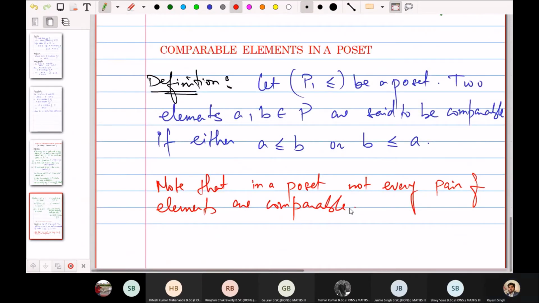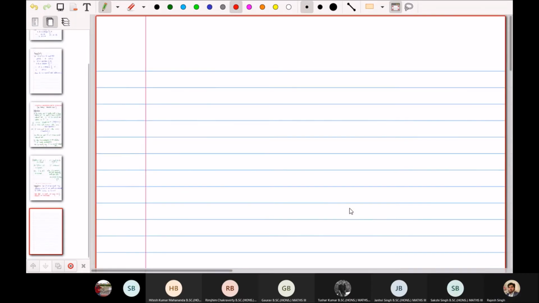Okay, is this definition clear? Comparable elements. Yes, sir.